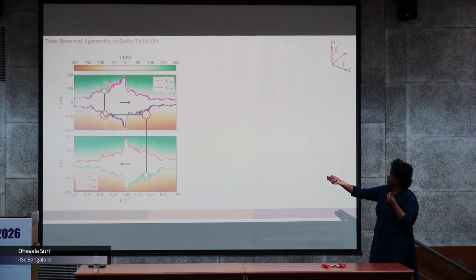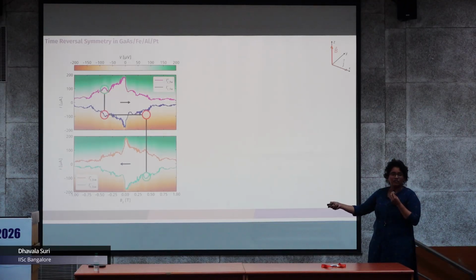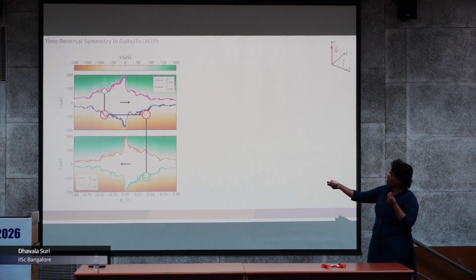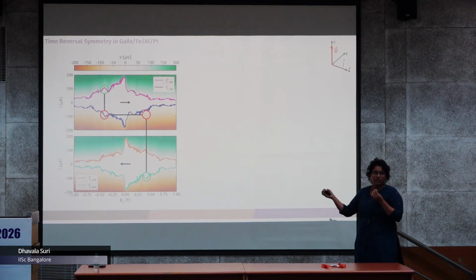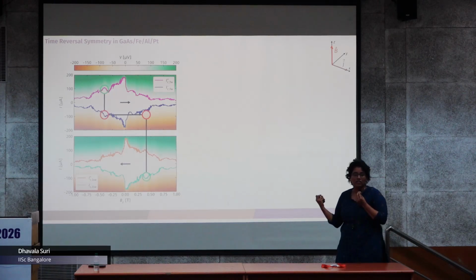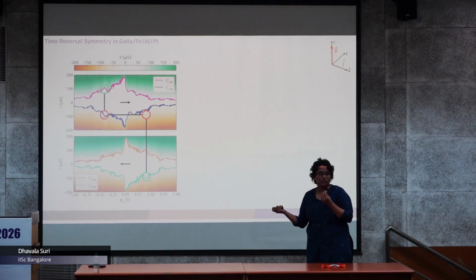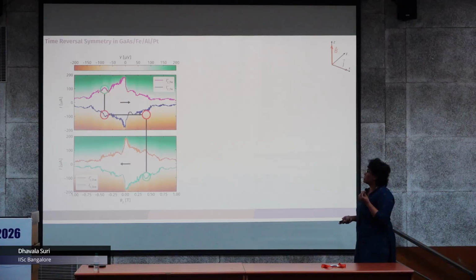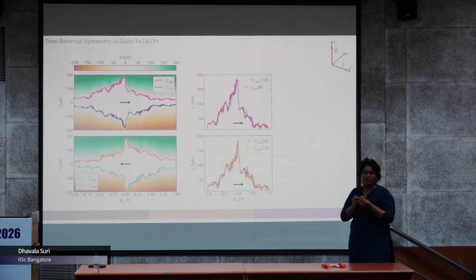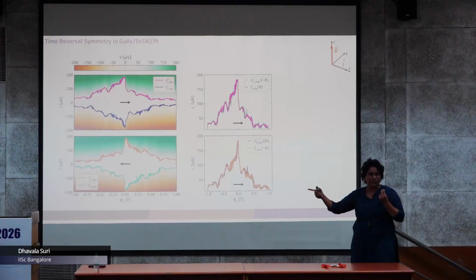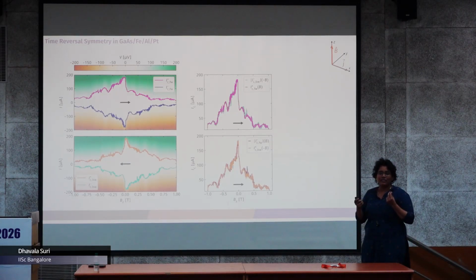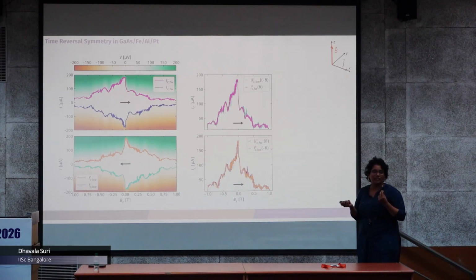And what is the difference between the top and the bottom? In the top, you are moving from left to right, whereas in the bottom, you are moving from right to left. So there is a time reversal symmetry partner for each of them in a vortex flow dominated Josephson junction if you do three operations: plus I plus B, you change the direction of current, change the direction of magnetic field, but also change the direction in which you sweep the magnetic field.